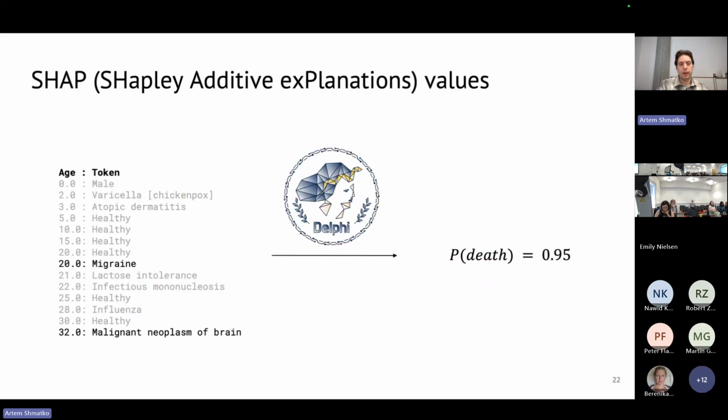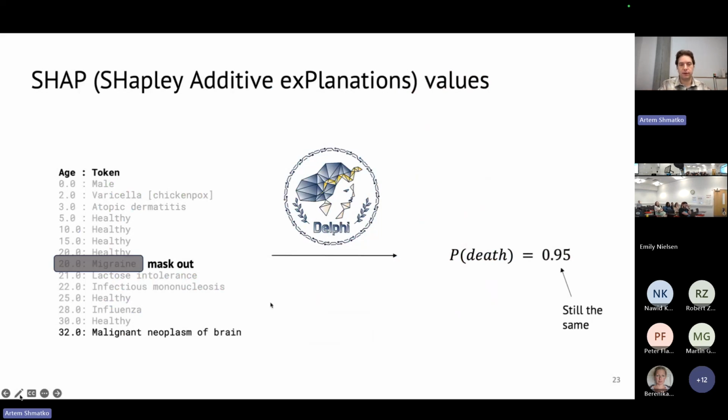So what we can do is mask out some random tokens in the input, for example without migraine, and use it to infer a prediction from Delphi once again. And we can see that without migraine, the chance of death is still high.